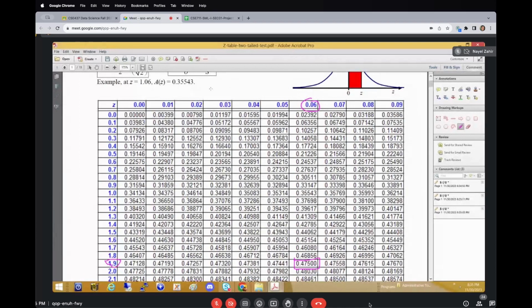So 1.9 plus 0.06, our critical point will be 1.96.